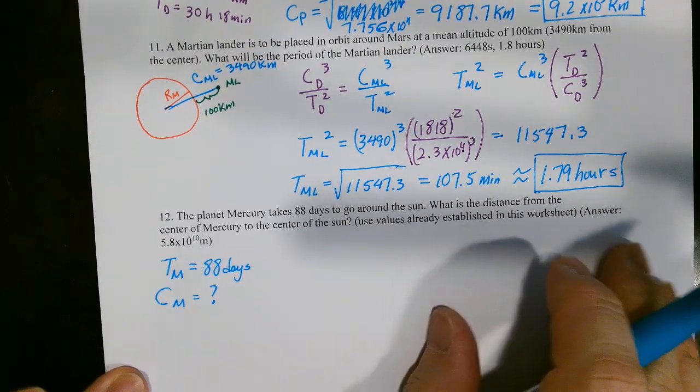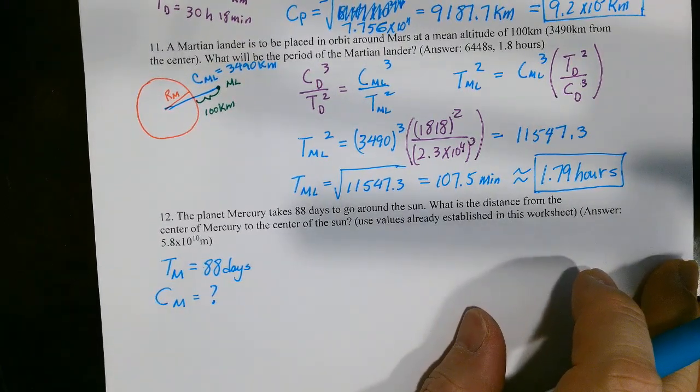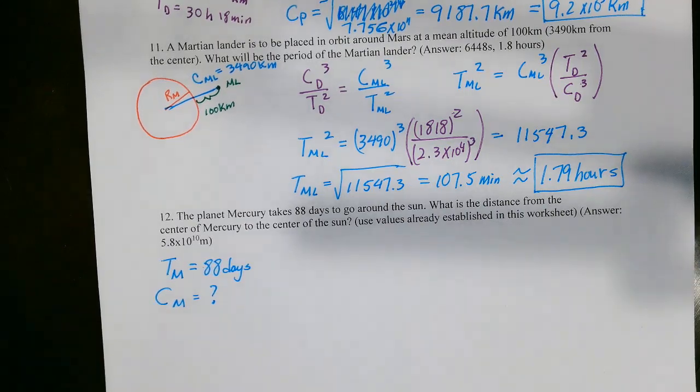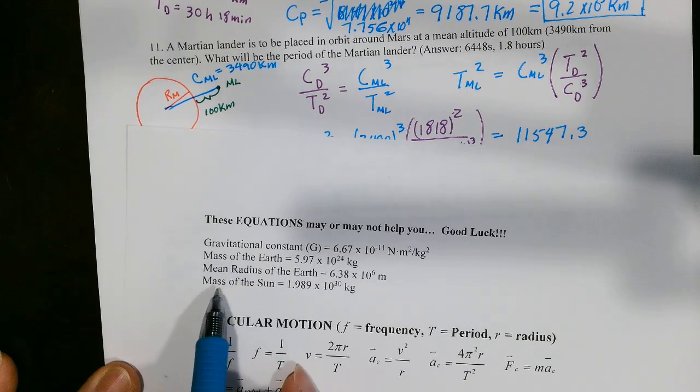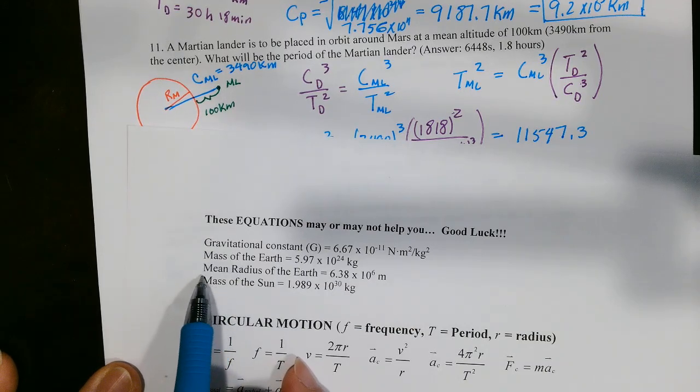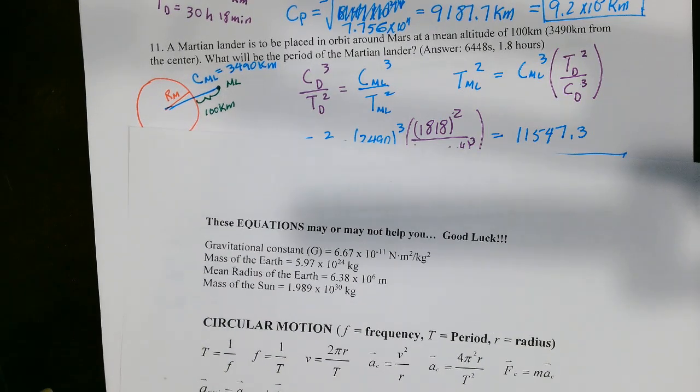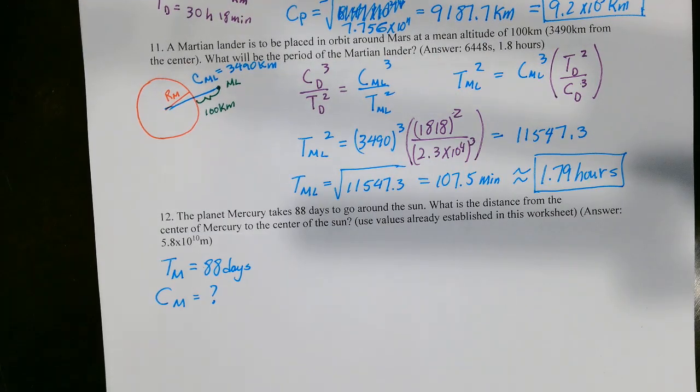So let's do that, all right? So I think I gave you, I didn't give it to you, I guess, huh? Well, maybe it's a good idea we should find that out, huh?